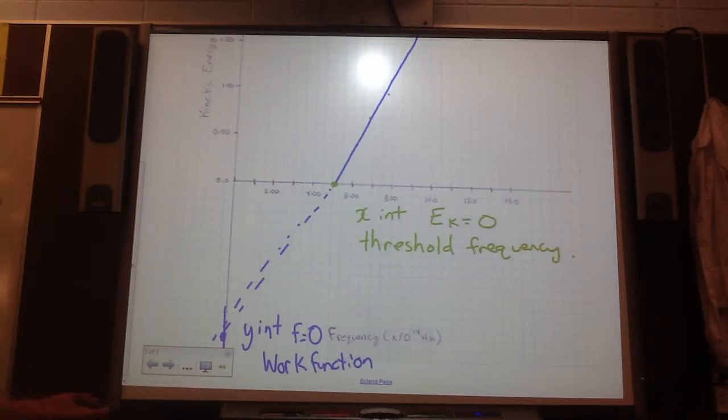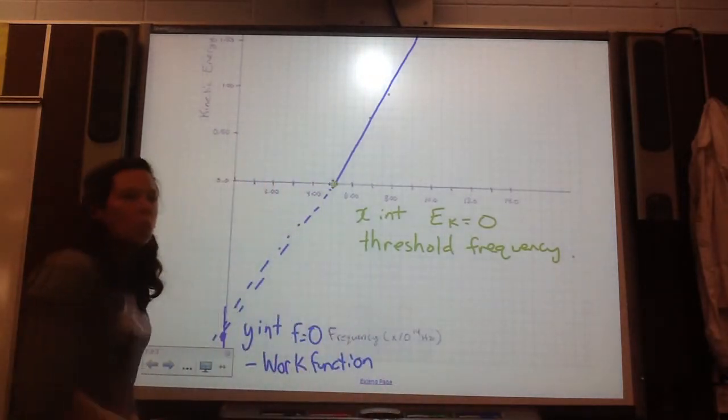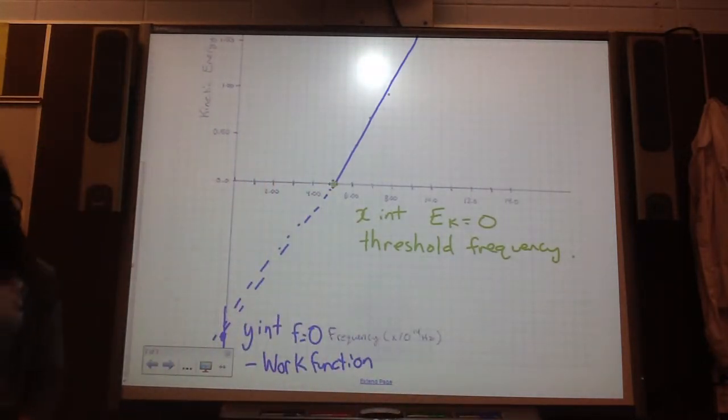Actually it's going to be negative work function because it's below the axis, and you'll see in our formula that it's negative work function. There's going to be a question in your assignment with this type of graph that's a little bit different, with just one extra layer to it, but don't get overwhelmed. If you think about things logically, I think you will be able to figure it out.